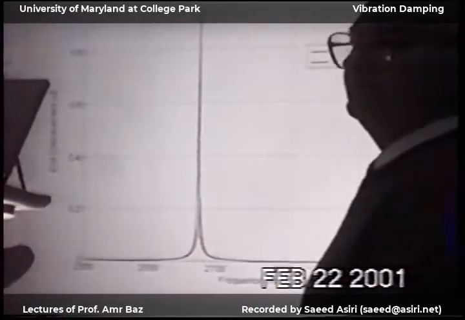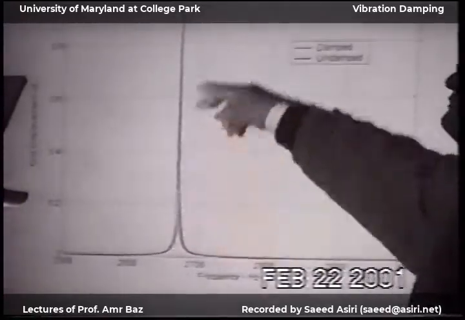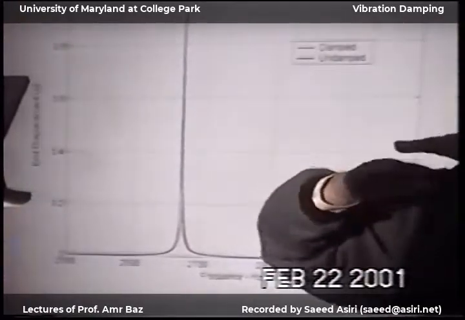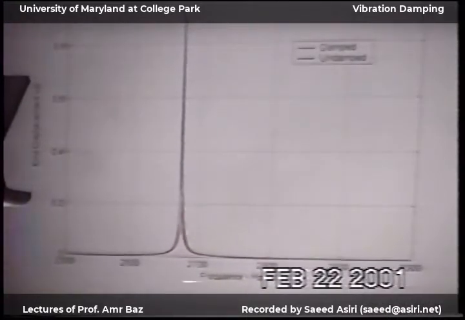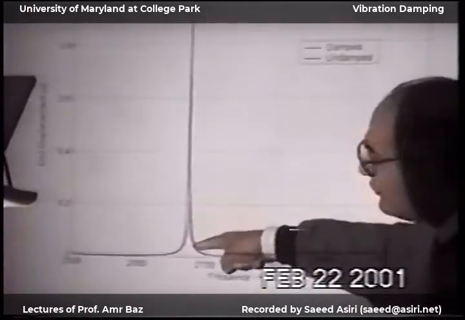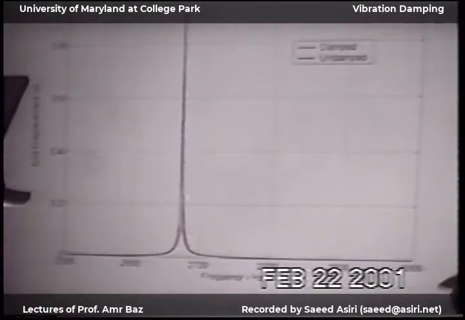The result is right here. The undamped is very high. Then this damping is longitudinal damping. You drop this much. In 4 or 5 lectures, I'm going to put on top of this viscoelastic material another layer to constrain its motion. You will see this number drop all the way down here. Okay? Because shear damping is more effective than longitudinal damping.